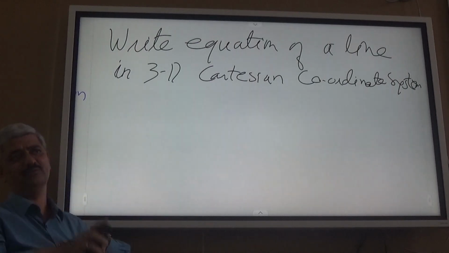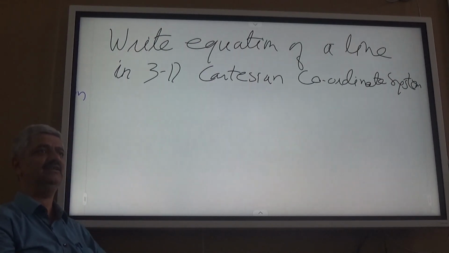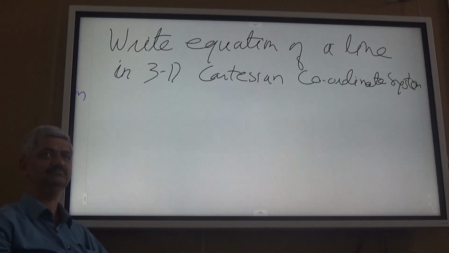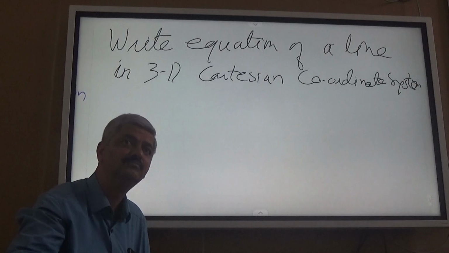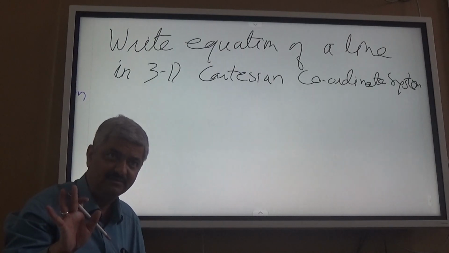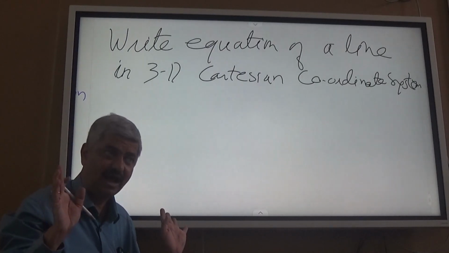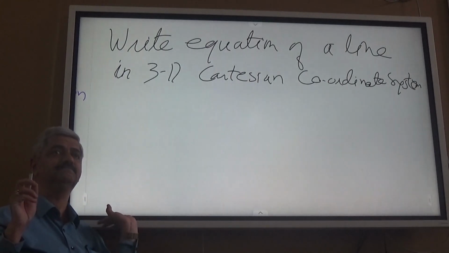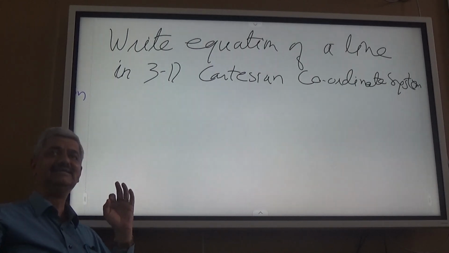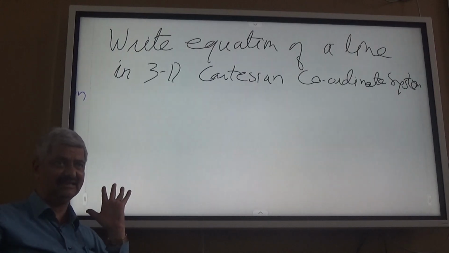So let me make it even simpler. Write the equation of the x axis in a 3D Cartesian coordinate system. Do not use i, j, k. Use x, y, z. Did you get it?